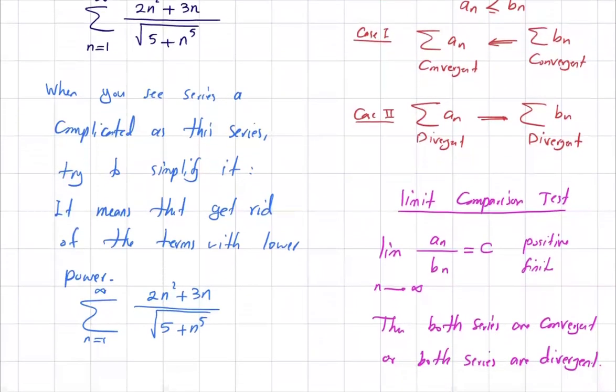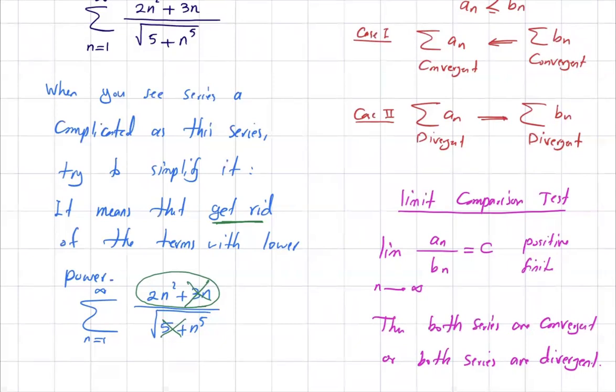When I say get rid of terms with lower power, I'm talking about between these two, you have 2n squared and you have 3n. 3n is of lower power than 2n squared. So get rid of it, just delete it, just erase it. The same for the denominator. Between 5 and n to the fifth, 5 is just a constant.